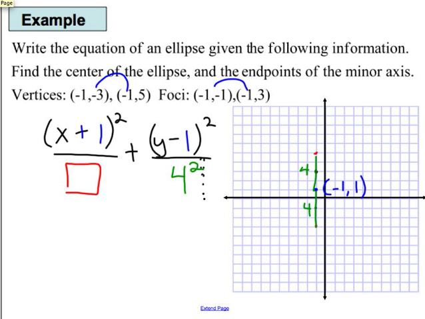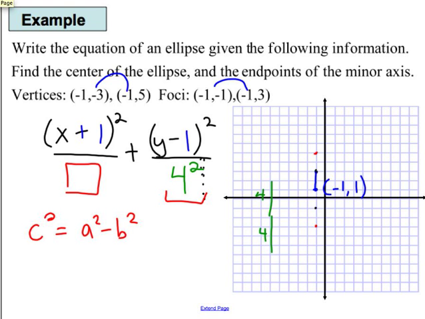But the one piece of information you have is that to find the foci, it's always c squared equals a squared minus b squared. In this case, a squared is 4 squared because it's the larger axis. I also have my foci. I know that they are 2 units from the center.